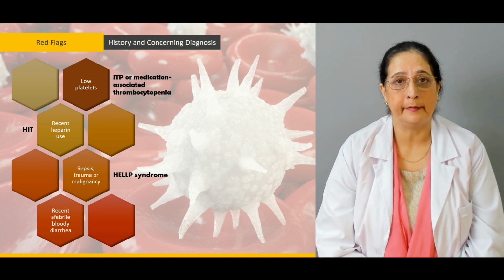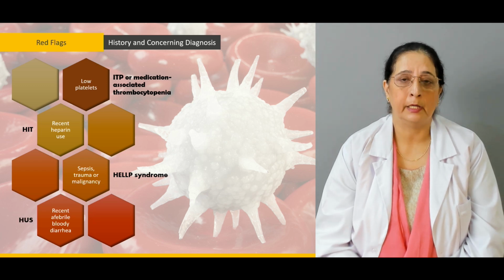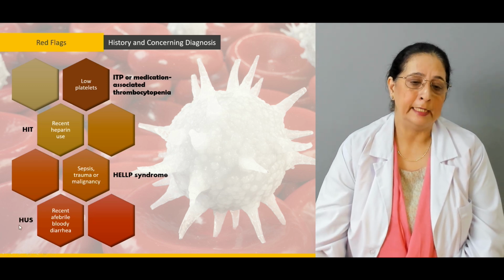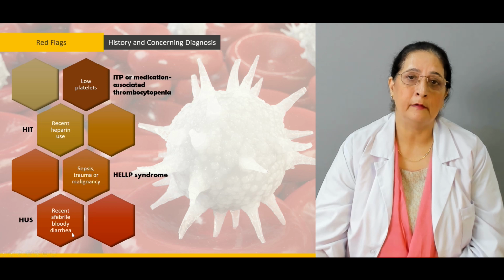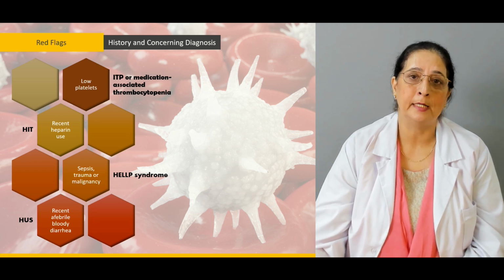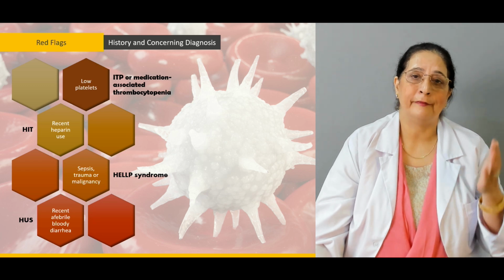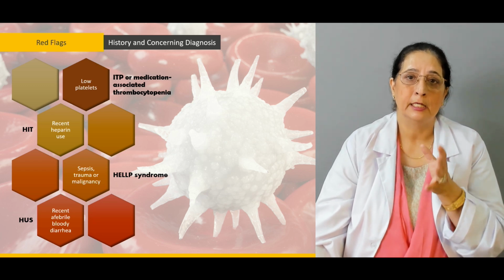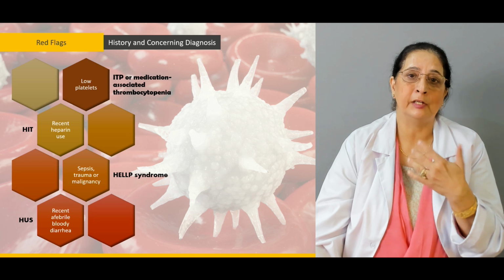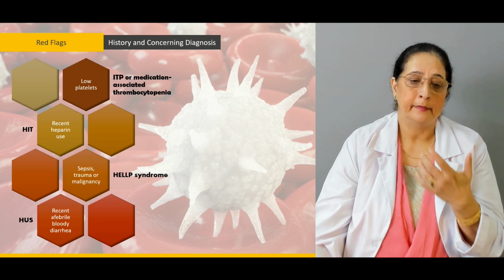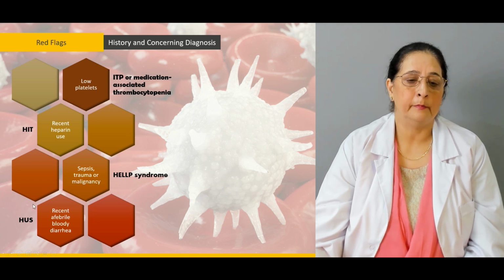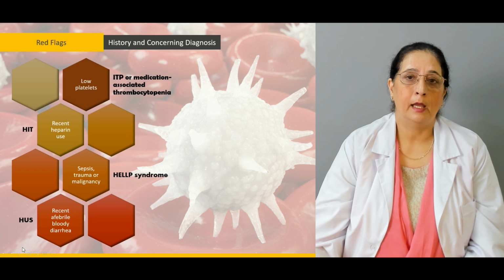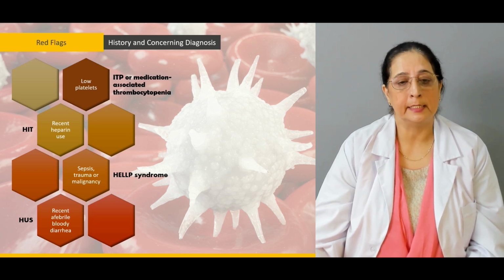Bloody diarrhea can also be due to hemolytic uremic syndrome. So recent afebrile, without any fever, there is bloody stool or blood in the stool. That is because of hemolytic uremic syndrome. Uremia is an increased level of toxic waste products. This is because of the involvement of hemolytic uremic syndrome, and it can cause bloody diarrhea.